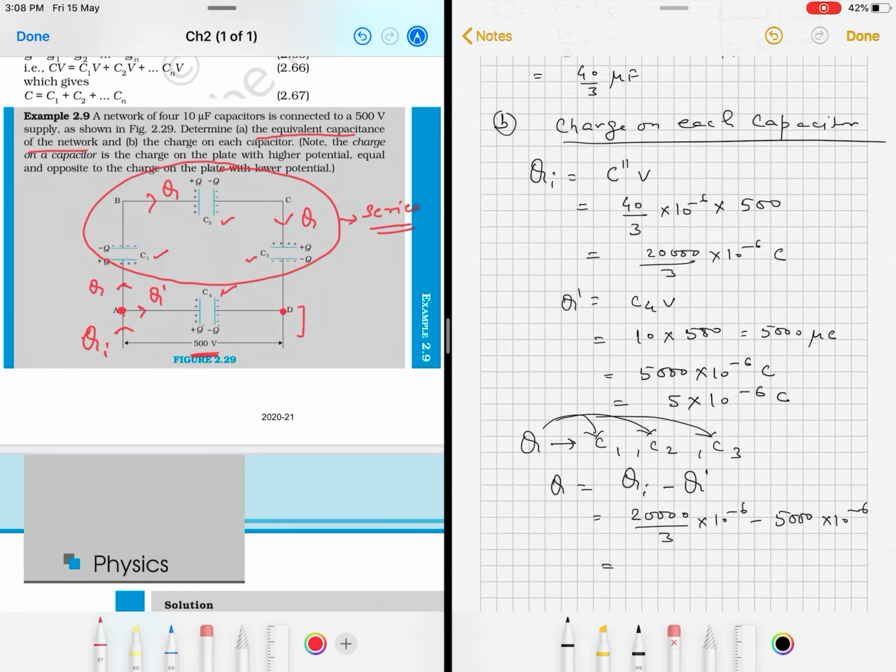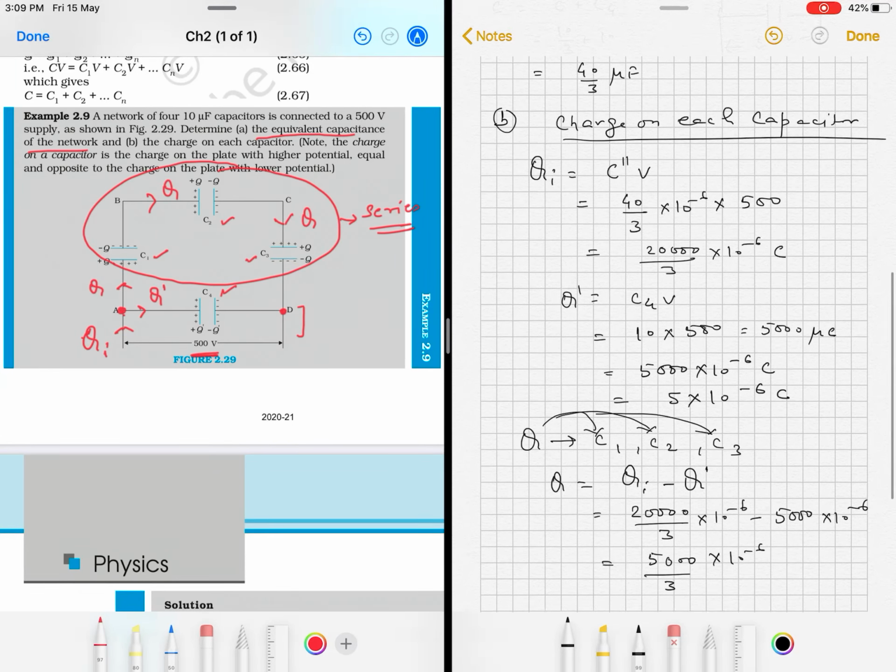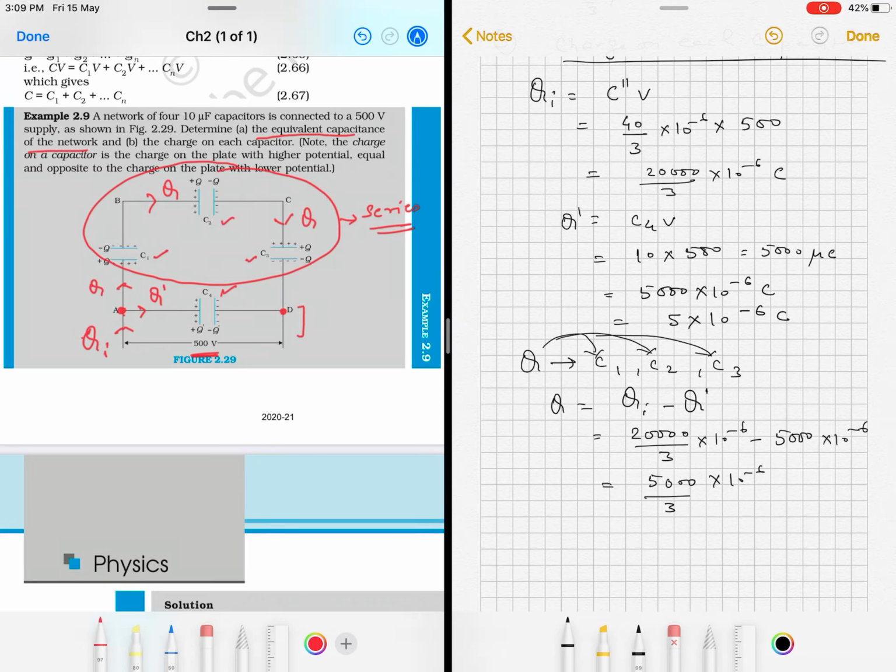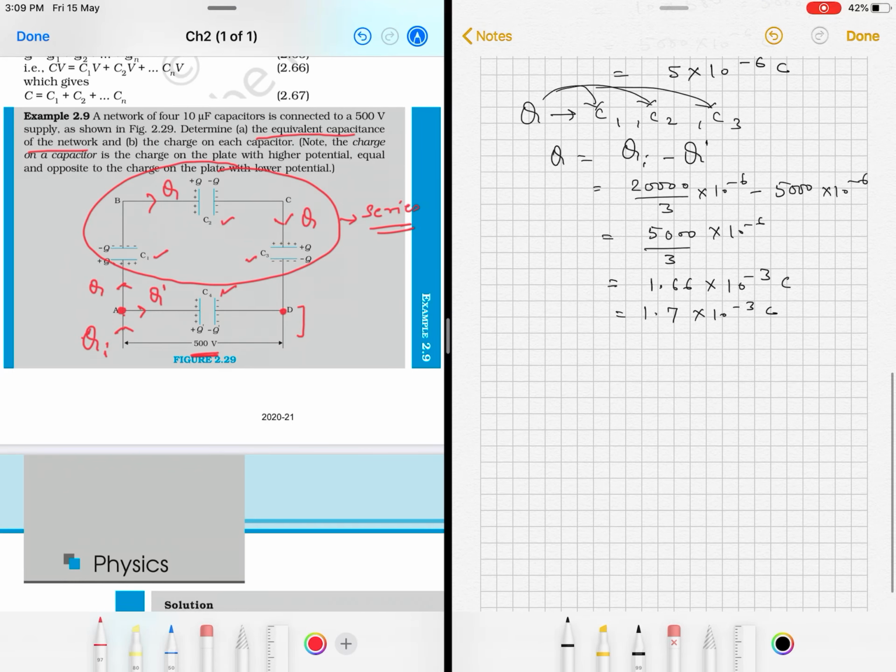So it is 5000 into 10 to the power minus 6 divided by 3. So it comes out to be 1.66 into 10 to the power minus 3 coulomb, or we can write 1.7 into 10 to the power minus 3 coulomb. So this is the charge on each capacitor.